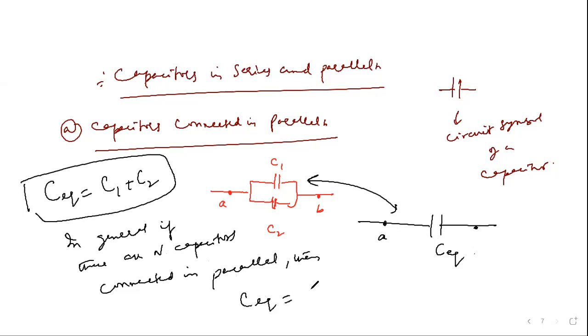Here I write equivalent capacitance is summation small n running from 1 to capital N, Cn. That means we have to simply add all the capacitances in the combination, that is C1 plus C2 plus C3 up to Cn.